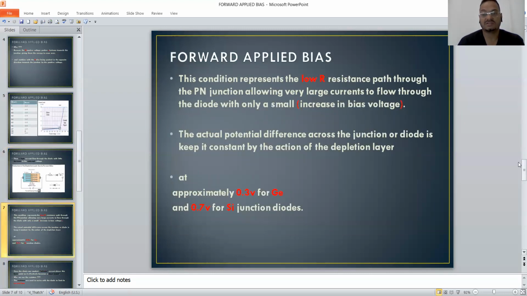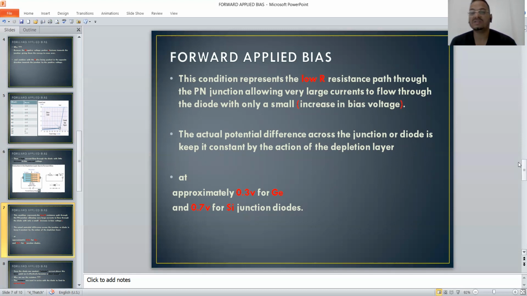Now let's discuss this important thing. This condition represents low resistance. Like we said, we just put in 0.1 volt more, and after that the current suddenly increases to 8 microampere.